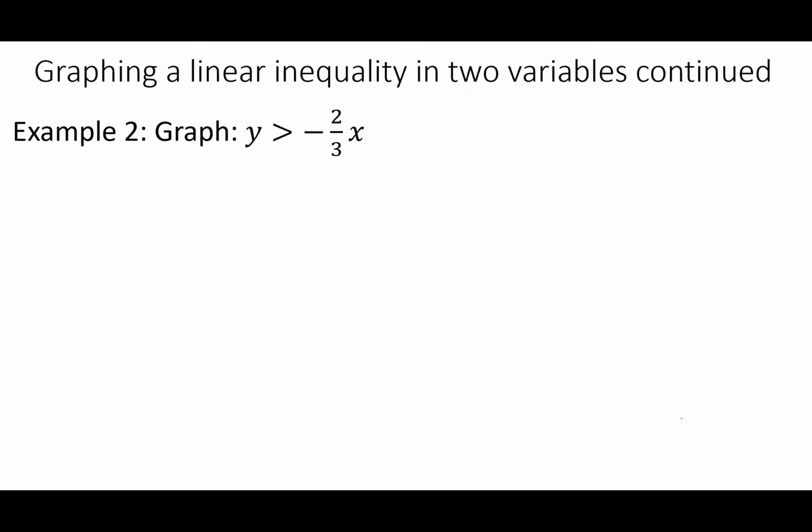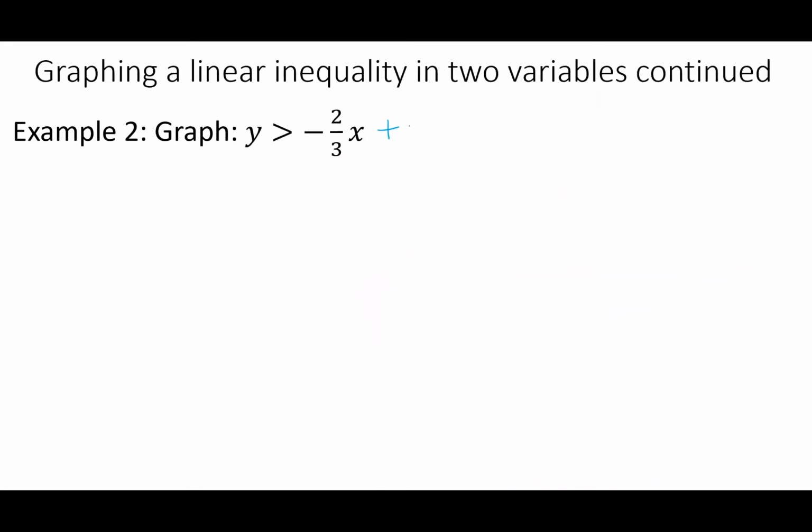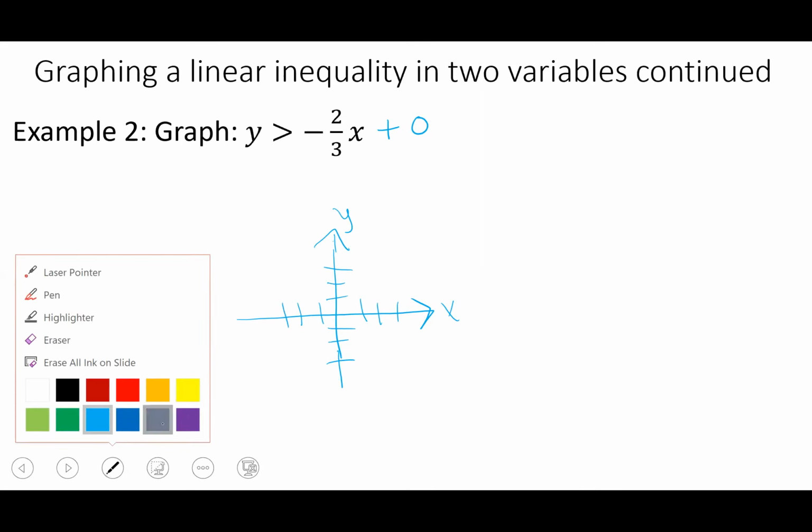Okay, now this one is kind of nice because it's already solved for y for us, so we don't have to do that. But there's not a number on the end that tells me the y-intercept. If there's no number there, it's an understood 0. So going to my xy axis again, my y-intercept is 0.